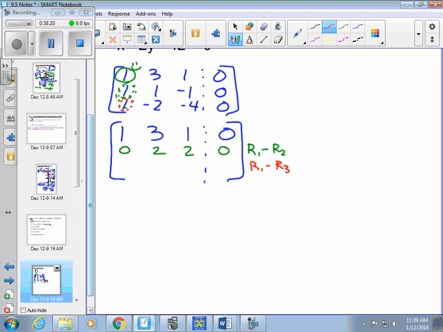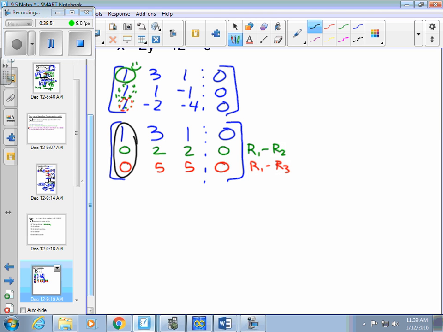So 1 minus 1 gets me a 0. 3 minus a negative 2 gets me a 5. 1 minus a negative 4 gets me a 5. 0 minus 0 is 0. I worked down. I have a 1, and then the 2 numbers below it are zeros.